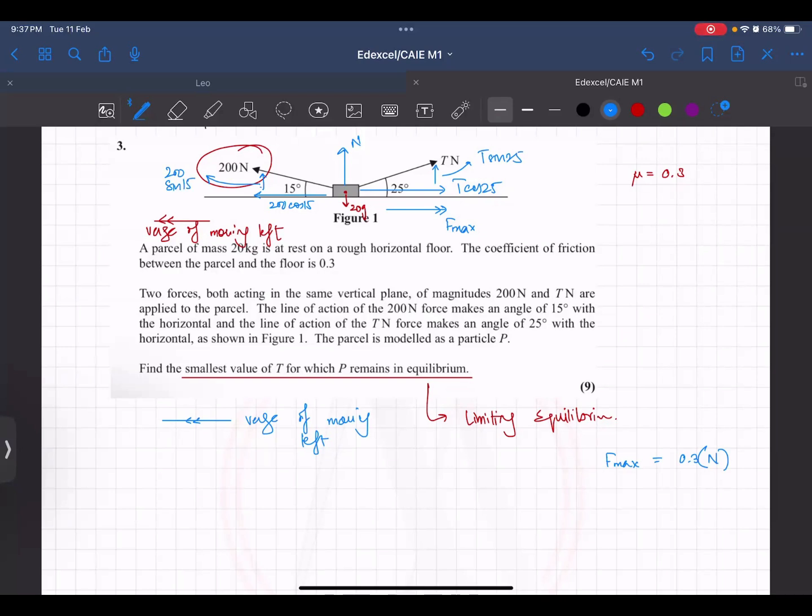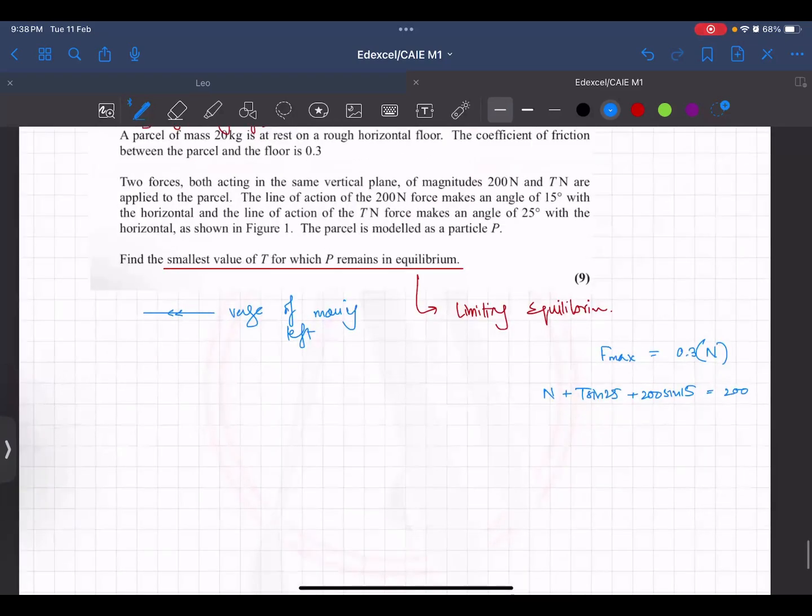Okay, so if you equate the vertical components, vertically upwards you have N, vertically upwards you have T sin 25 as well, vertically upwards you have 200 sin 15 as well, and downwards you just have 20g. So 20 times 10 would be 200.